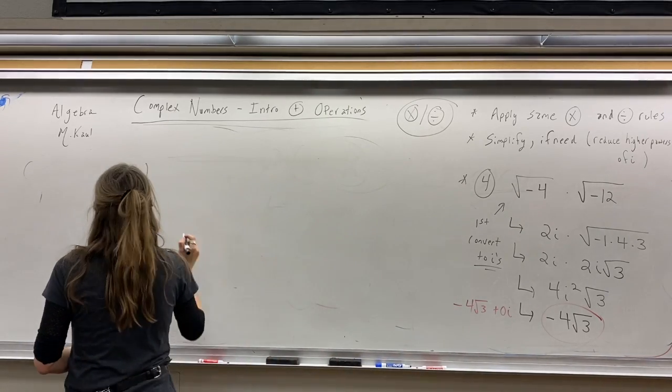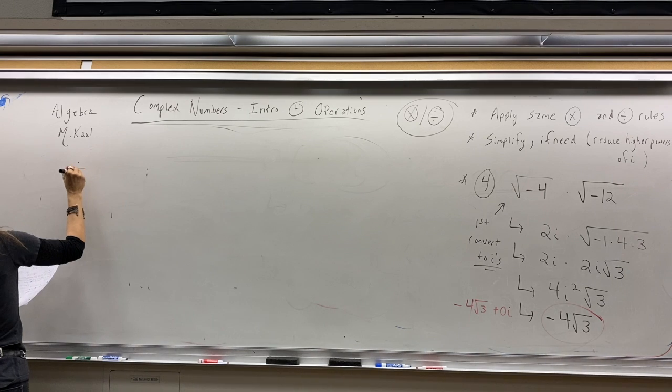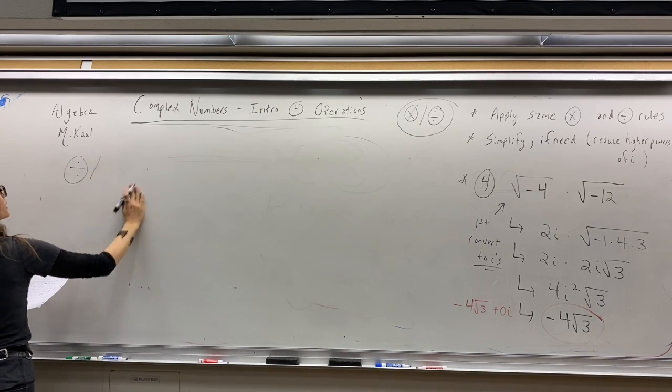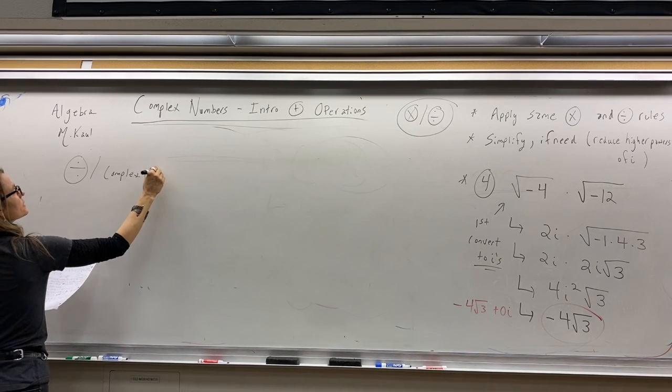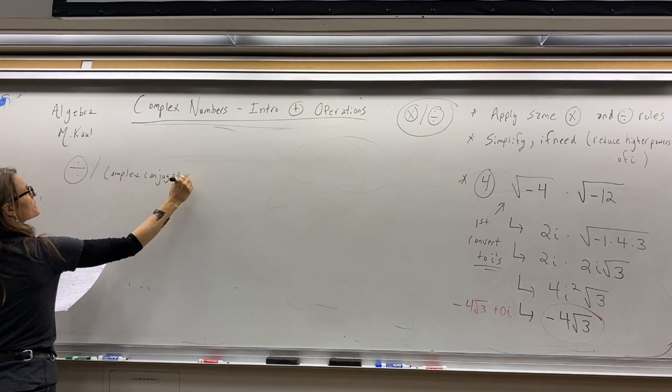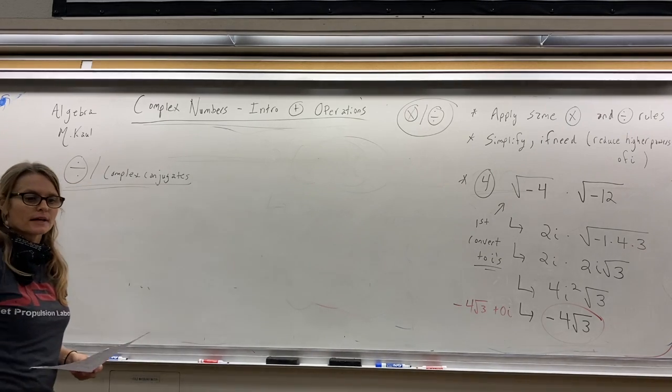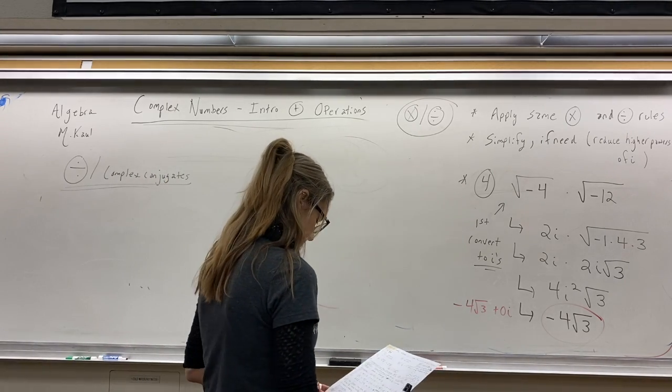Let's go ahead and look at division and complex conjugates. What we really do here is we don't really divide by i's. We get rid of i's from the denominator.